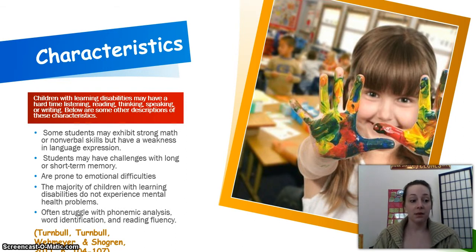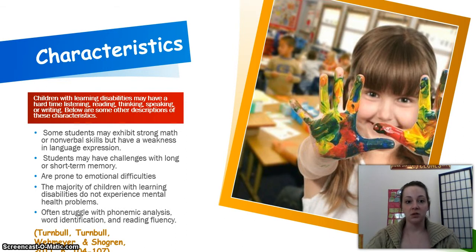Doesn't mean the child is dumb, but they do have troubles in particular areas. Some of them may be amazing at like math, but have a really hard time reading and writing.